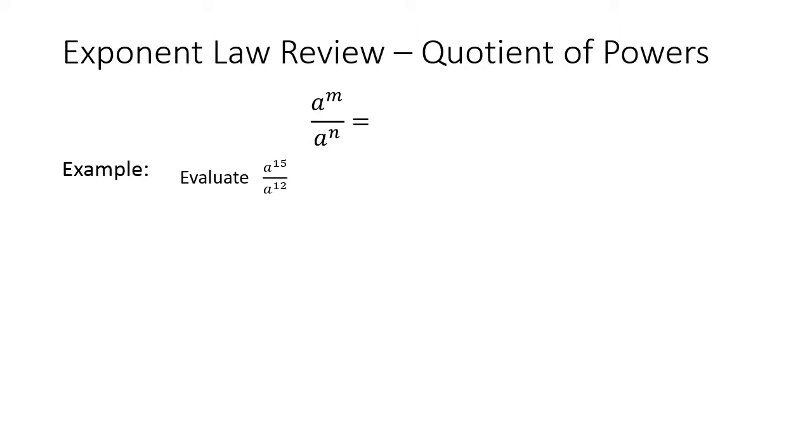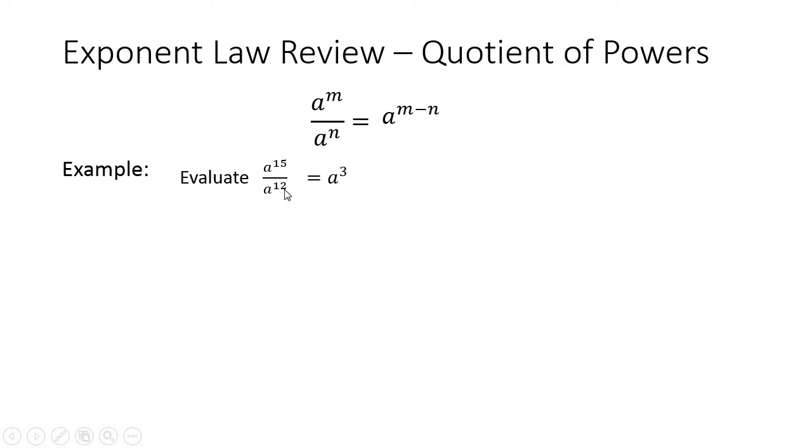So quotient of powers, a to the m divided by a to the n. This is similar to the multiplication of powers, except it will be m minus n. So your answer is just, in this example, a to the 15 over a to the 12. You do 15 minus 12, and then that'll be a 3.